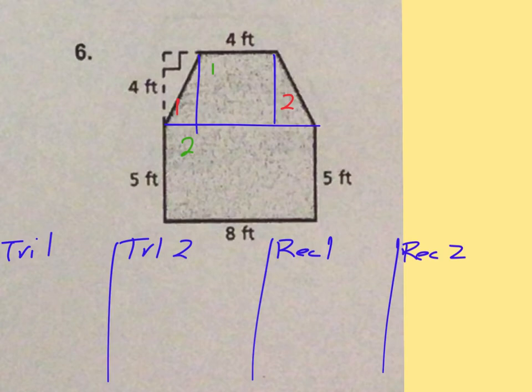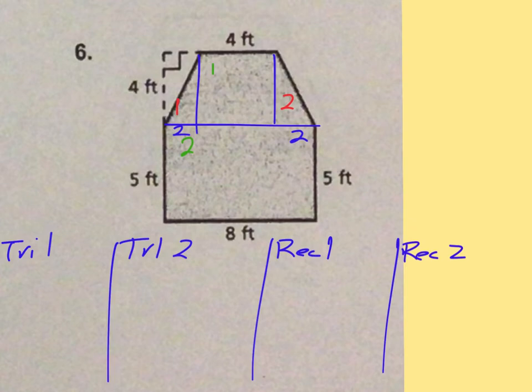I'm already looking at this one and going, oh my goodness, we have to use some deductive reasoning here to find out what this part right here is, the base of these. So I'm going to look down here and go, well, if this is all 8, and from here to here is 4, that makes this have to be 2, and this one have to be 2. So I'm going to label those 2, 2. So I now have the bases of my triangles.